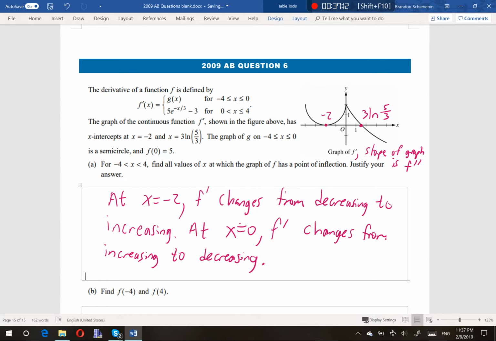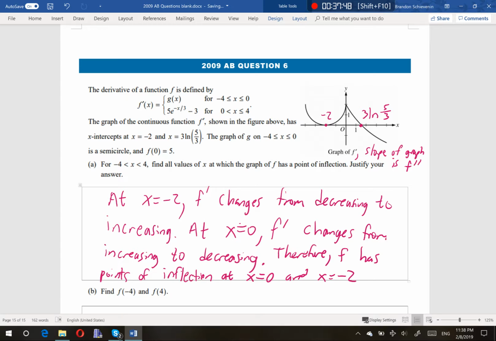Therefore, f has points of inflection at x equals 0 and x equals negative 2. Any questions on part A? No.